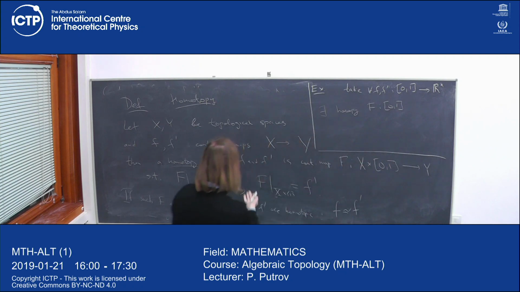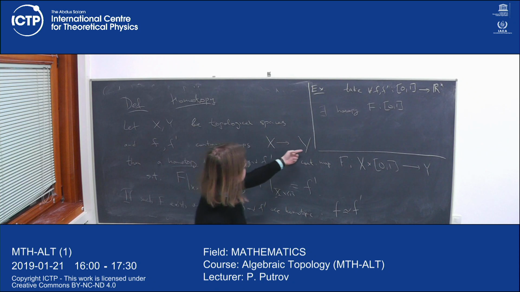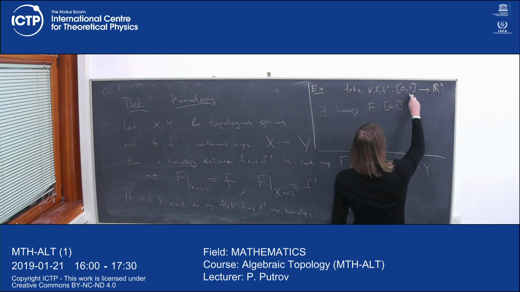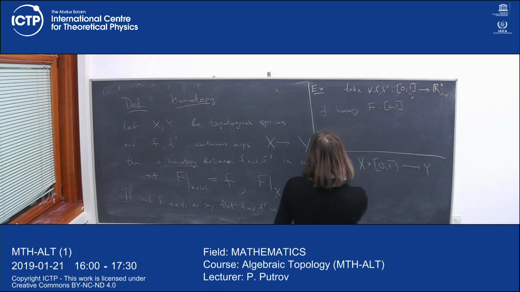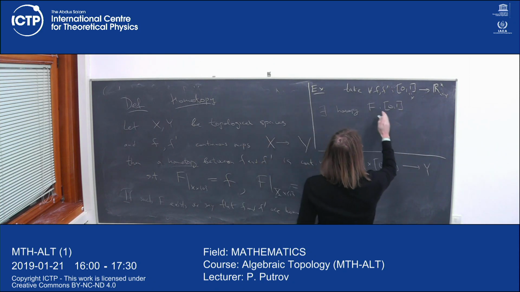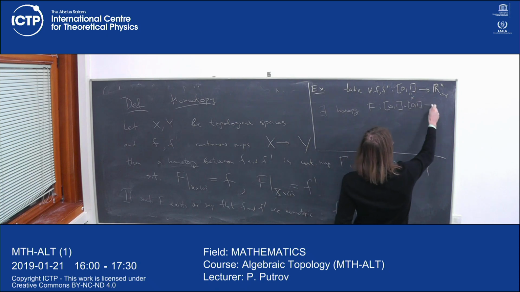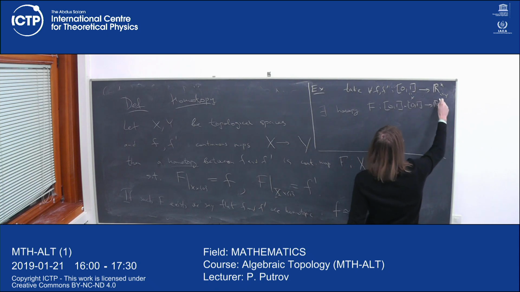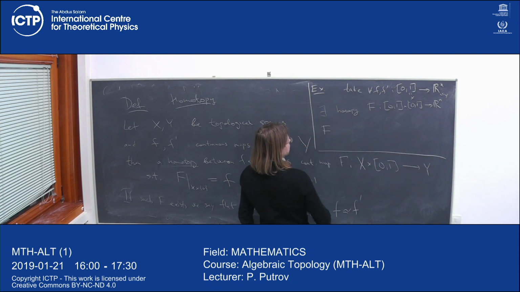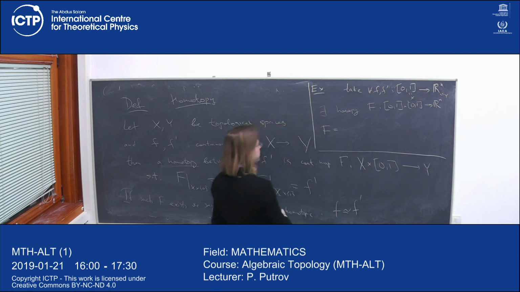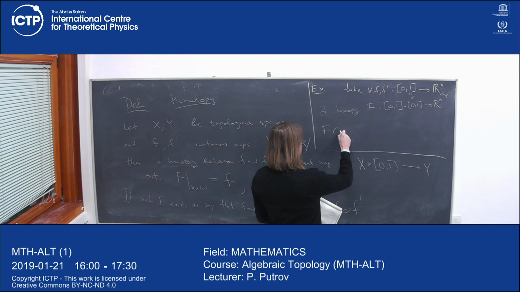So by definition, it should be a map from X times I to Y. If I consider maps from X and Y, so X here is my interval, and Y here is R^n, my F should be a map from interval times interval to R^n, and I claim that one can choose F to be explicitly the following.